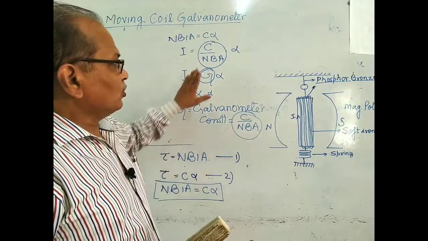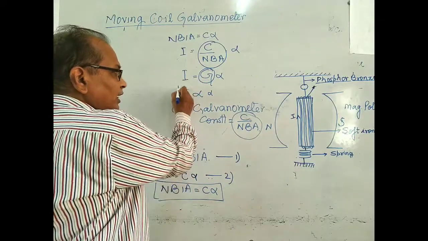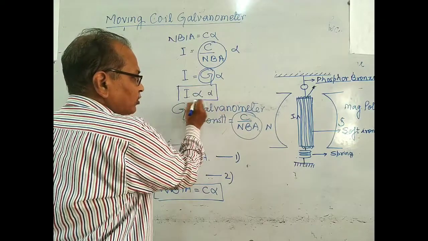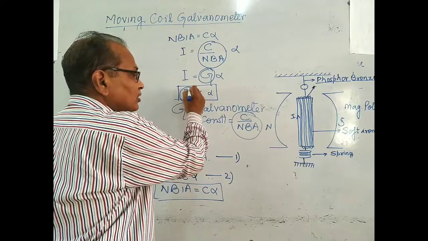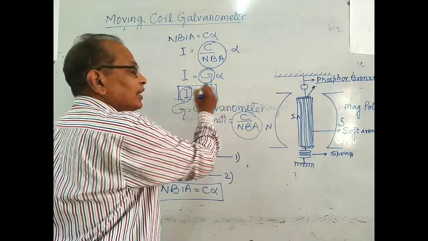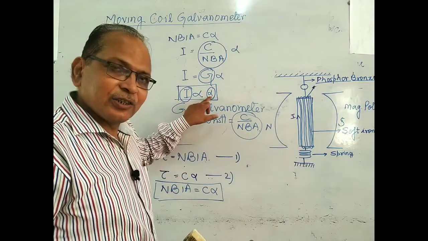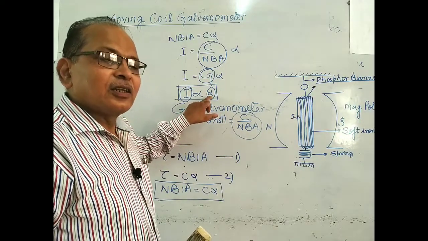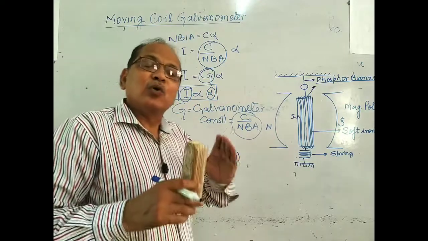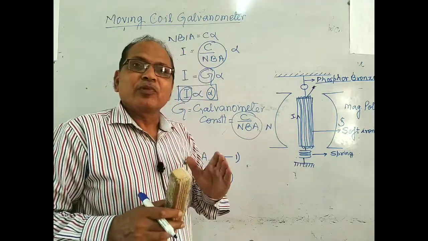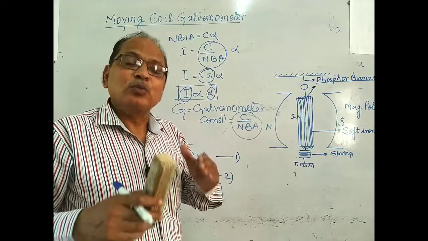This expression shows that the greater the current, the greater the angle deflected. That is, the angle of deflection is directly proportional to the current. The more current flows through the galvanometer, the more the angle deflected.